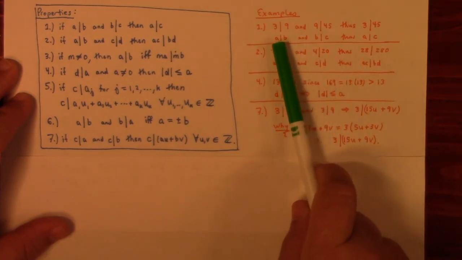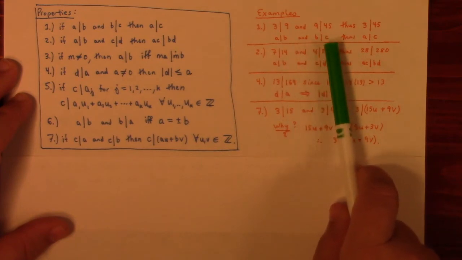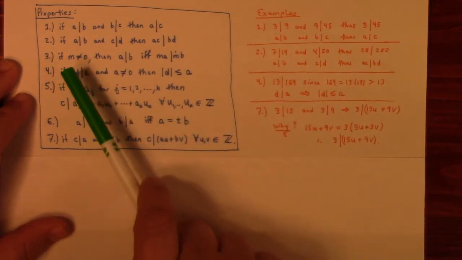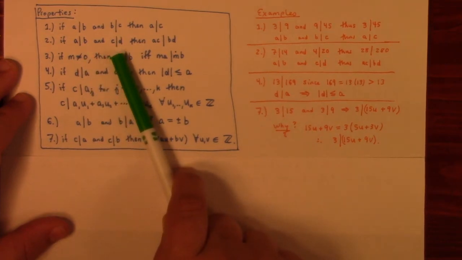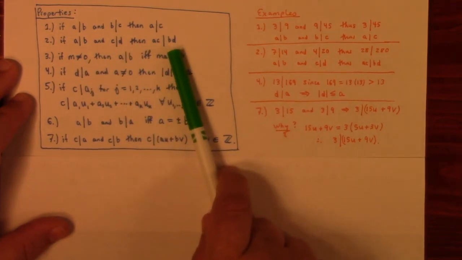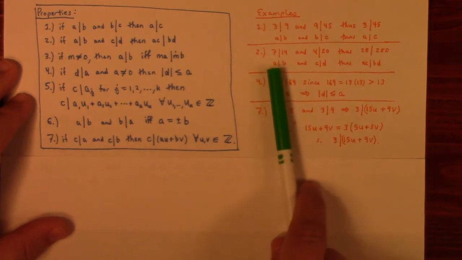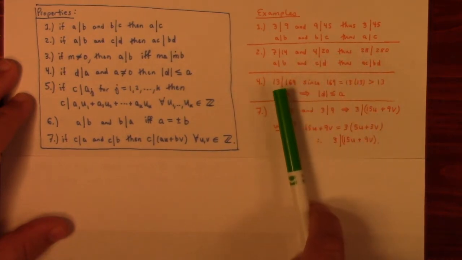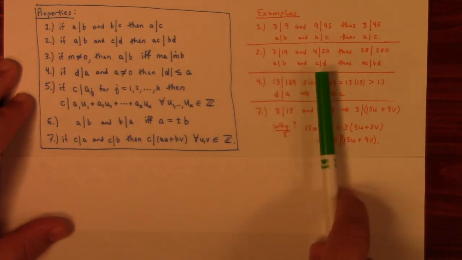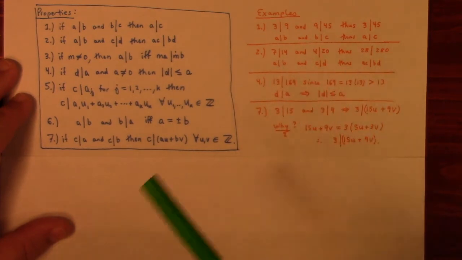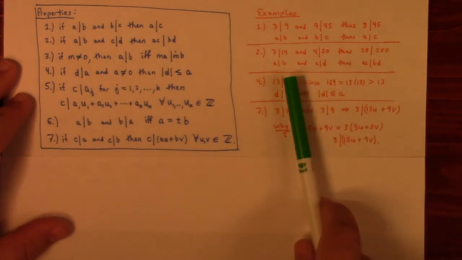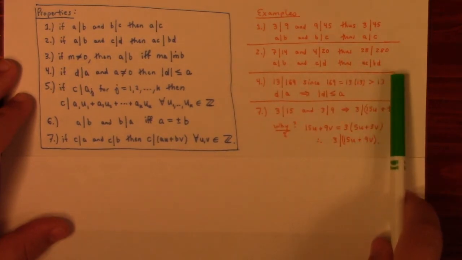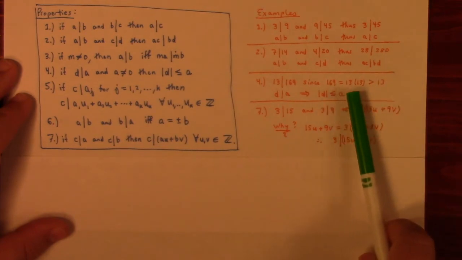So here my a is 3, my b is 9, and my c is 45. All right. 2. If a divides b and c divides d, then ac divides bd. All right. So for example, 7 divides 14, 4 divides 20. So I'm thinking of a is 7, b is 14, c is 4, d is 20. Then 28 divides 280. 28 would be my ac, and bd would be my 280. So that's kind of neat.